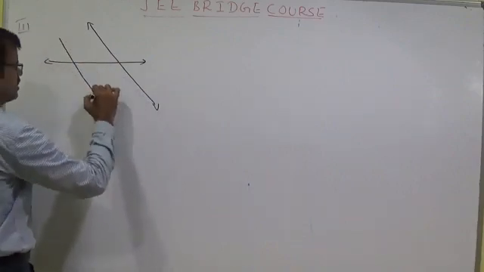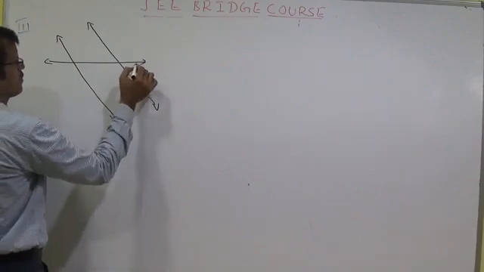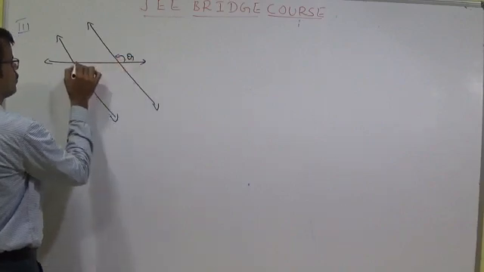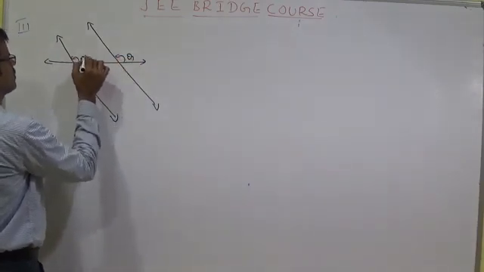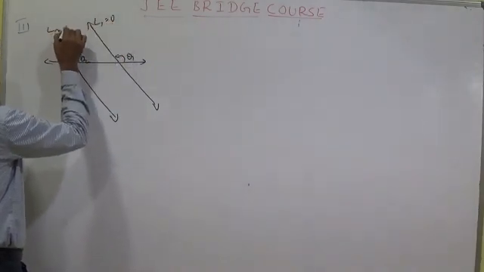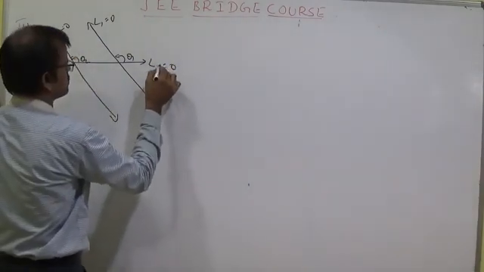You mention a line like this, another line. Put here, this is theta 1. Put here, this is theta 2. Students, this is L1 equal to 0 and L2 equal to 0. This is L3 equal to 0.